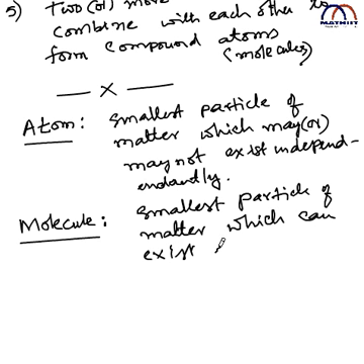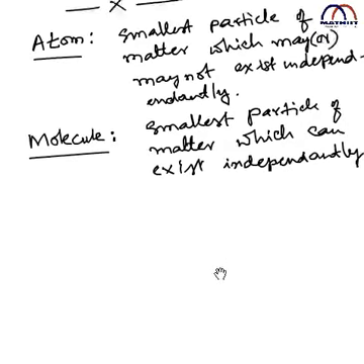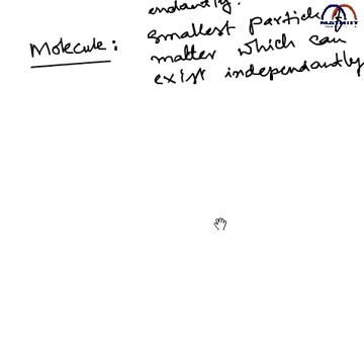This is the basic difference between atom and molecule, right? Since atoms do not exist at room temperature and only molecules exist everywhere in every substance, let us know more about these molecules.